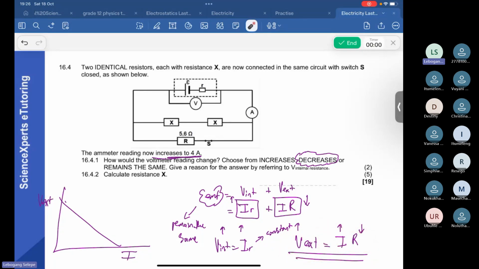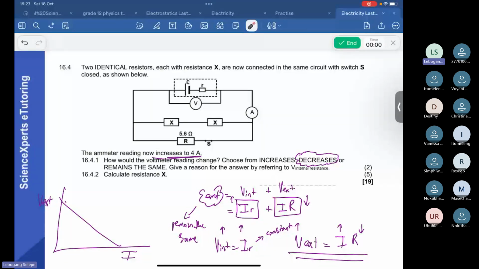But with V internal, I have a relationship between V internal and current. Why? From this formula, there is a controlled variable, because r is constant. It never changes. It's a feature of a battery. If I'm still using the same battery, it doesn't change. So as total current increases, I would expect V internal to increase, right?